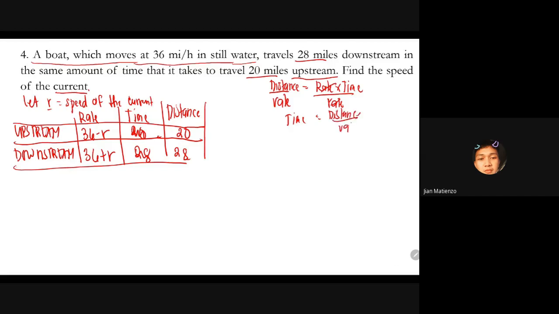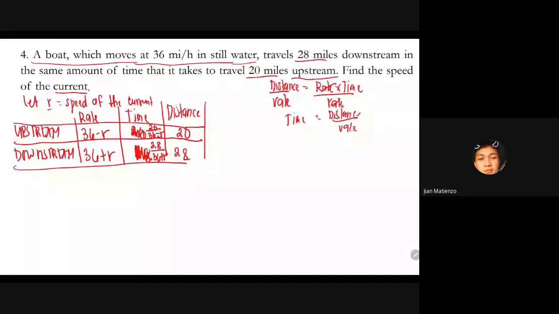So, yung distance natin ay 20, ang rate natin ay 36 minus R. Nakikita pa rin ba? Forgive me if I can't erase my solution kasi kapag binura ko yan lahat, mauulit, magbubura lahat ako. And then, this one is 28 over 36 plus R.